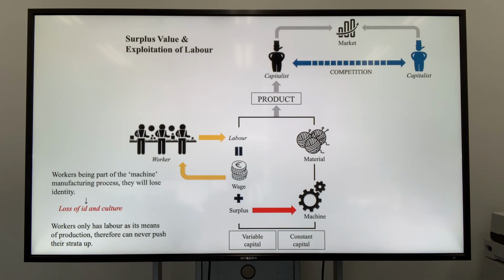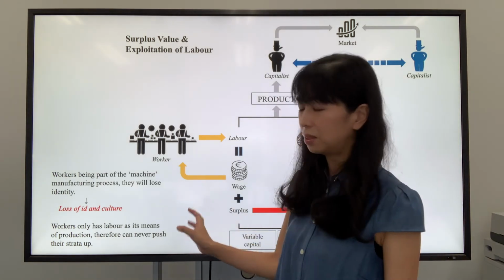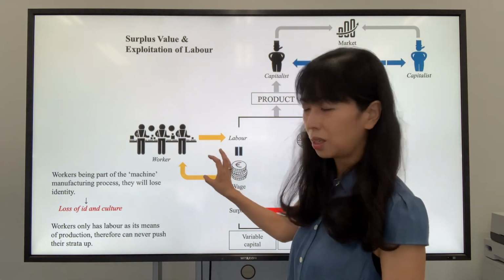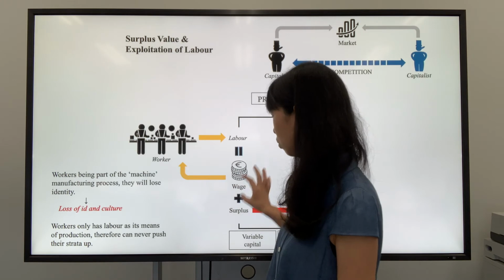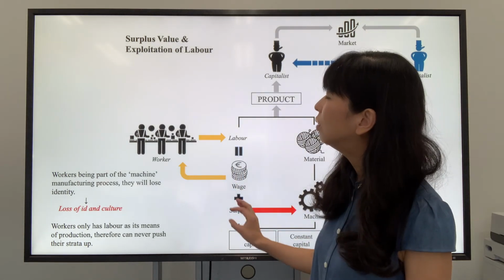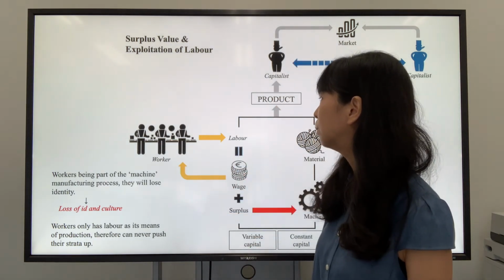So then what happens to the worker? The worker, of course, doesn't have anything but himself, selling his labor. And with this little wage that they are getting, usually these workers don't know the mechanism behind this surplus value. So they think that they're just getting the appropriate amount of wage.